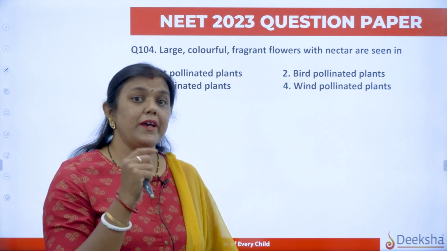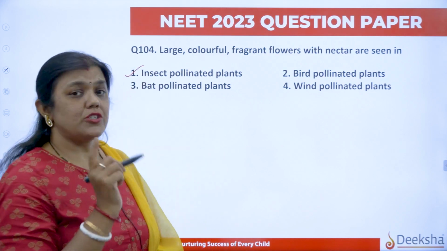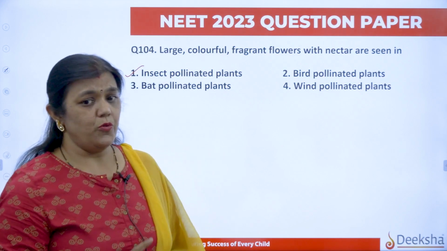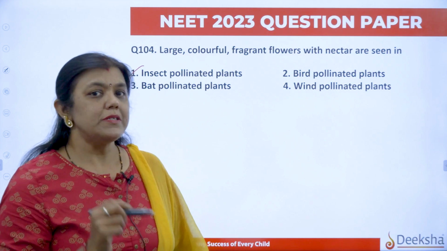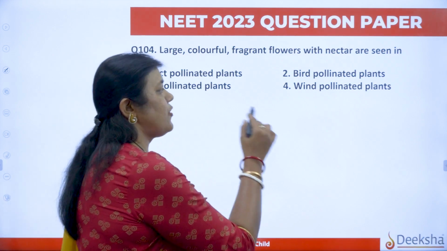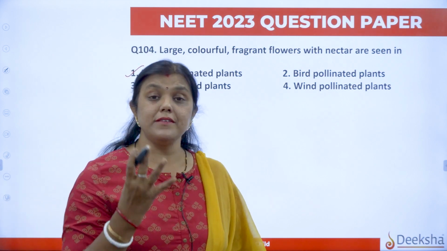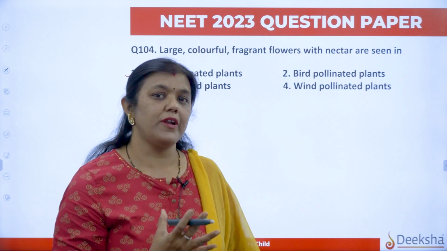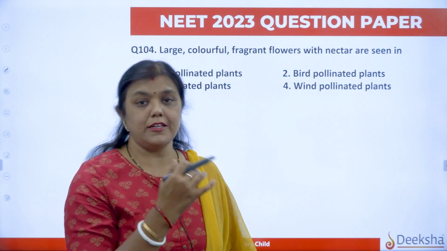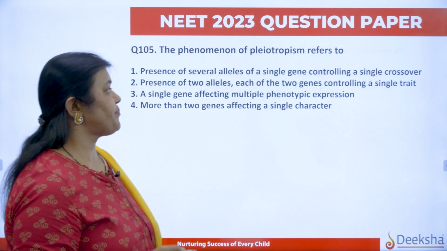Okay, birds will be a different category, but here we are talking about large, colorful, and fragrant flowers with nectar, which will be seen in those which are insect pollinated flowers, not bat, not wind, or not bird pollinated. The color will be bright, so the insects will be attracted towards the flower, and that is why they will be insect pollinated, right? Let's go. All these are first year concepts again.